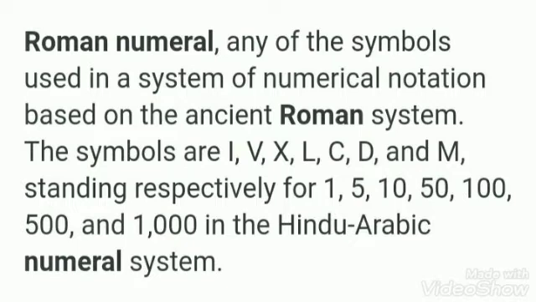The symbols are I, V, X, L, C, D and M, which stand respectively for 1, 5, 10, 50, 100, 500 and 1000 in the Hindu-Arabic numeral system. The Hindu-Arabic numeral system is the number system that we usually use, like 1, 2, 3, 4, 5.